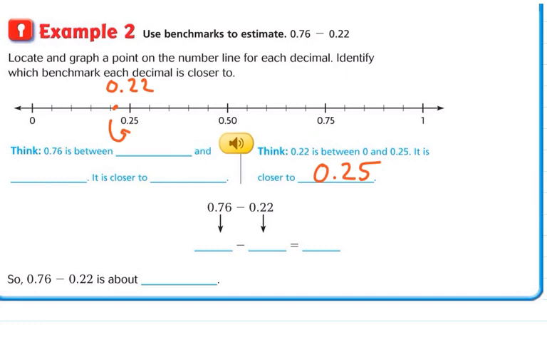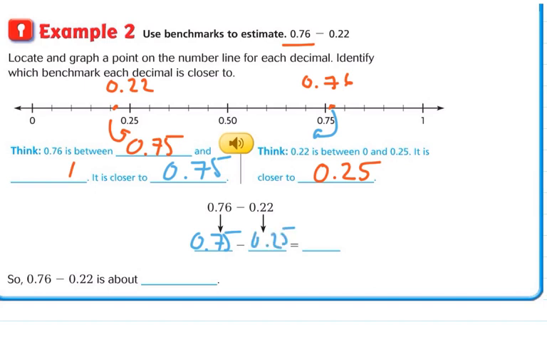So now on our second decimal, 76 hundredths, boys and girls, think about it, it's like 76 cents. Well, that's just like 1 penny more than 75 cents. So if 76 hundredths is between 75 hundredths and 1, if we visually look at the number line, it is closer to 75 hundredths. So 76 hundredths is like 75 hundredths minus 25 hundredths.